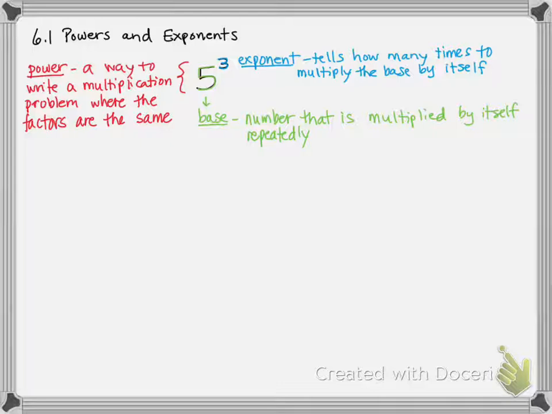So our number here, 5 cubed, and we'll talk about that in a second, is really 5 times 5 times 5. The 3 says multiply the base number 5 by itself 3 times. So if I multiply, I do 5 times 5, is 25 times 5 is 125. Okay? So we've got our base.